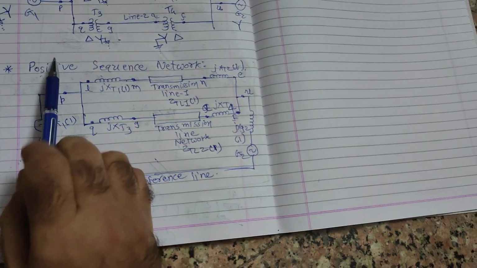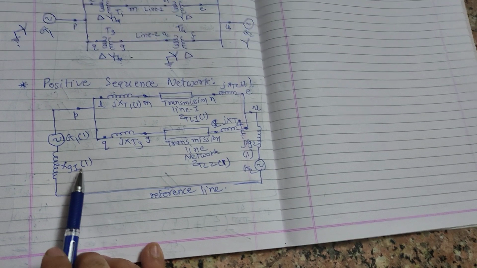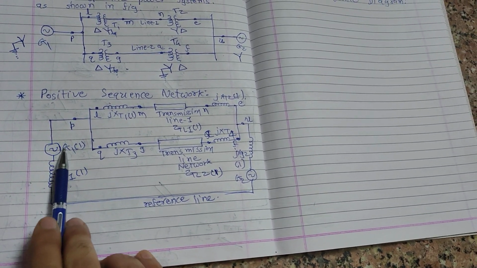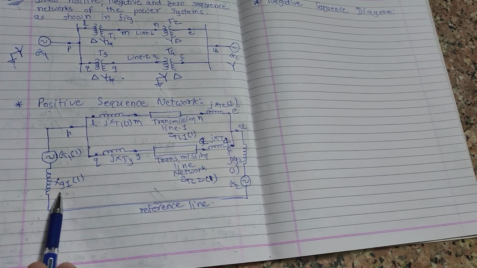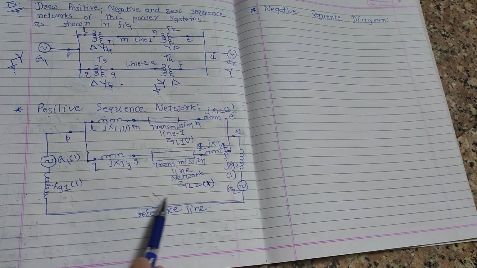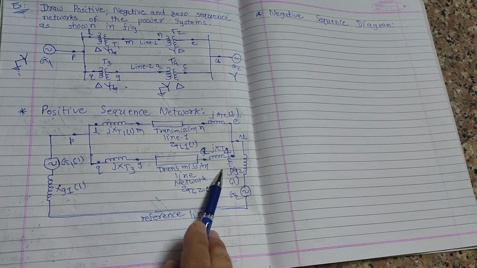Because the positive sequence network is indicated by 1 in brackets, and any other notations you have to keep the same as it is. You only differentiate by this 1 in brackets on each and every element.